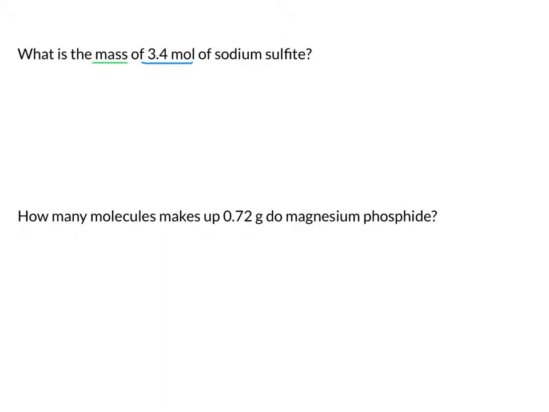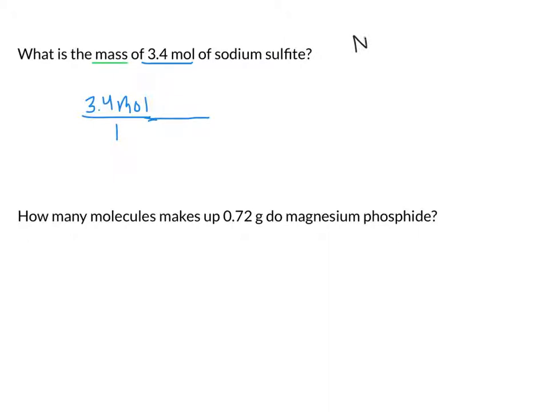I do need to get to mass eventually, and because of that, I need to figure out the chemical formula for sodium sulfite. If you're not sure yet why that's important, you will see before the end of this problem. I'm going to write that at the top of this fraction, but show my work off to the side.